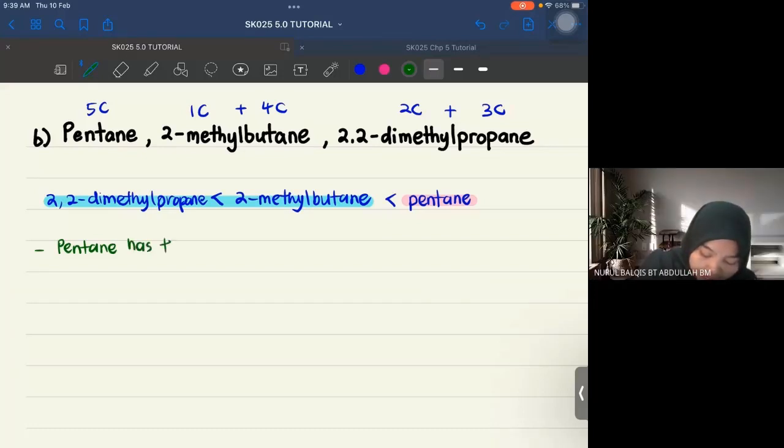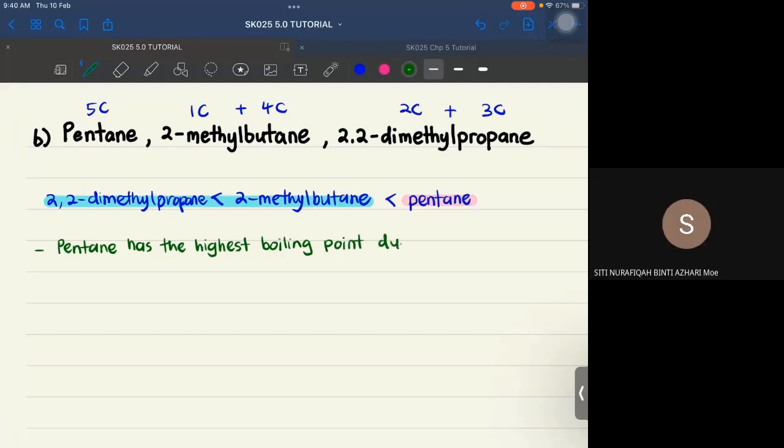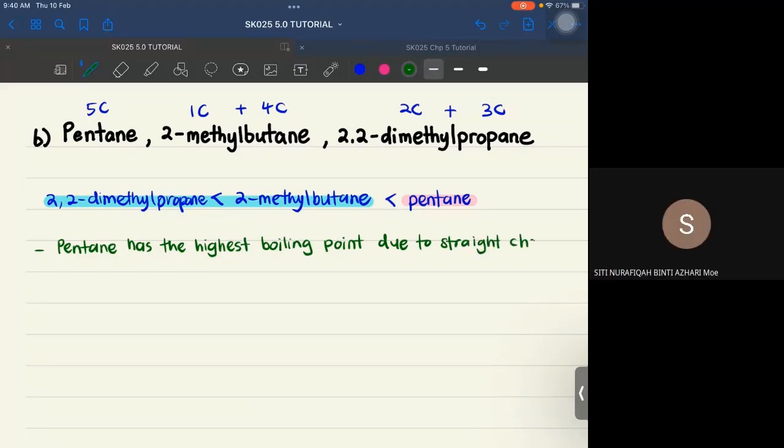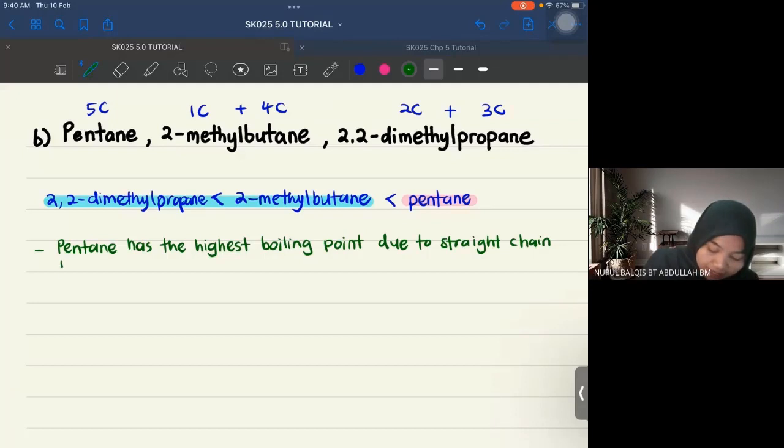Has the highest boiling point due to, tadi awak cakap apa? Straight chain. Yeah, due to straight chain. Kenapa straight chain? Straight chain that has the largest surface area, is it?